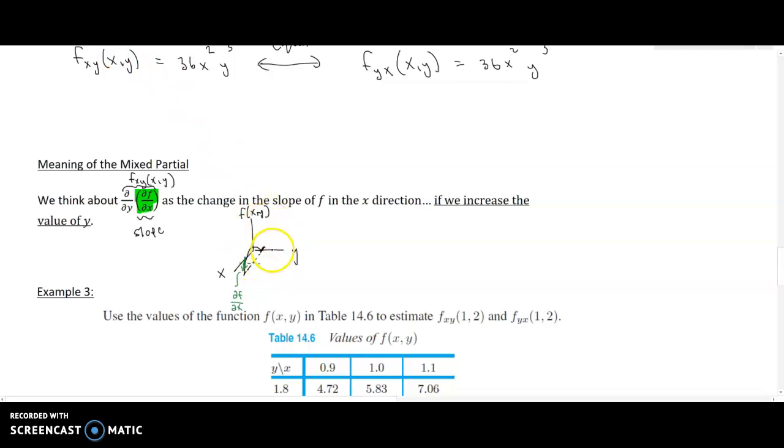So if I increase y by one more unit, let's say that's here, and again I look at that cross section, maybe what I'll actually observe is that the three-dimensional function changes a little bit. Maybe it starts to look a little bit more like this. And it's maybe changing more.